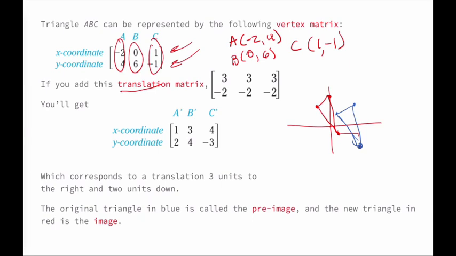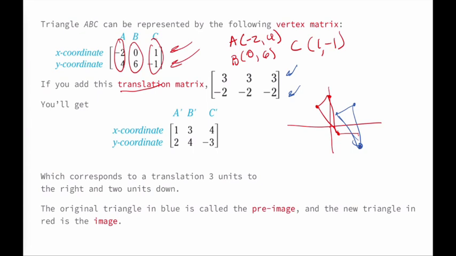What we're doing is adding 3 to the x-coordinate and subtracting 2 from the y-coordinate. And in matrices, the way that we do this is that we add the translation matrix.